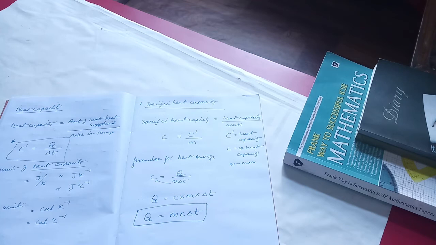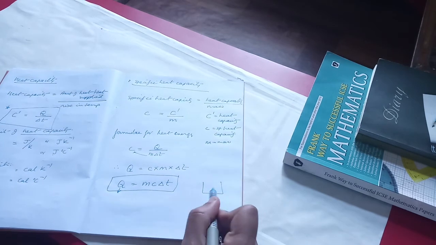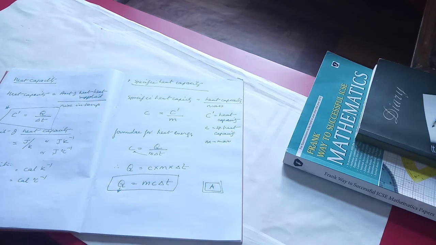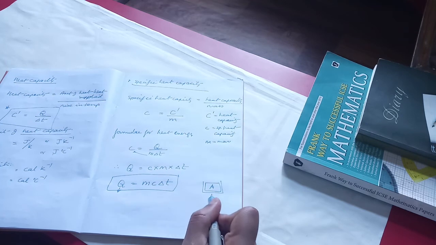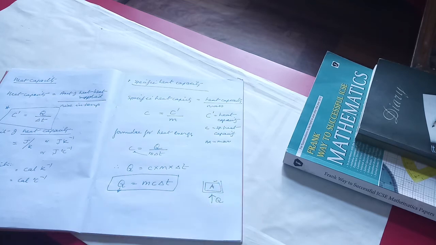Here M is the mass of the body. Suppose you take a body A, and heat is supplied to the body. What does this heat do? It will increase the temperature of the body. The quantity of heat energy absorbed to increase the temperature of a body depends upon three factors, as we can say from the formula itself.